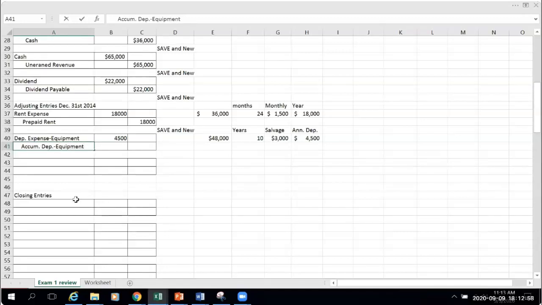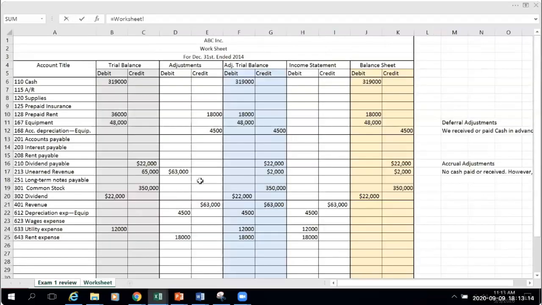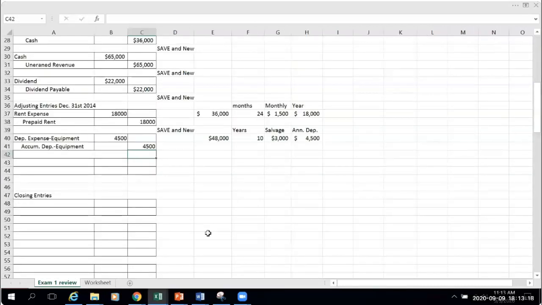Okay, accumulated depreciation dash equipment. That's the contra account to the equipment. That's where you accumulate all your annual depreciations. So equals to, go to worksheet, and that will be that box. Enter. Okay.